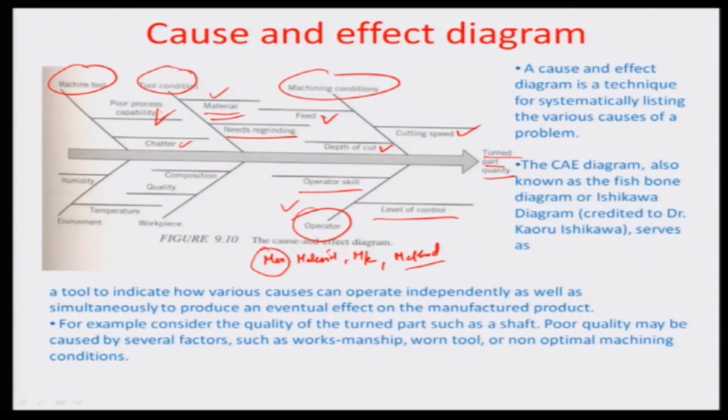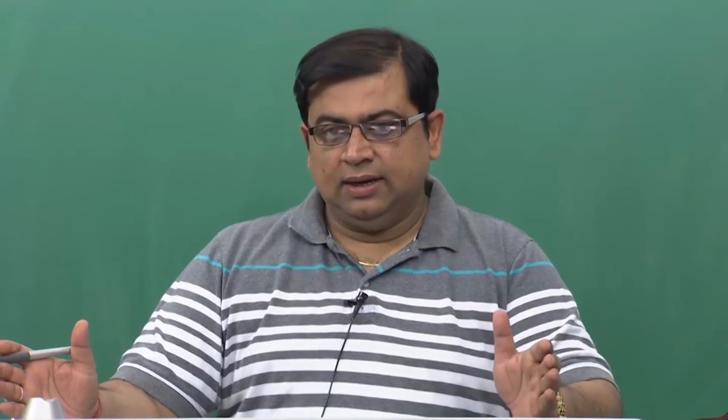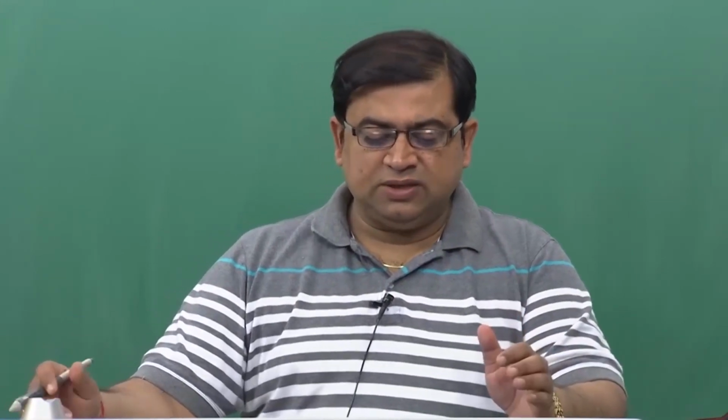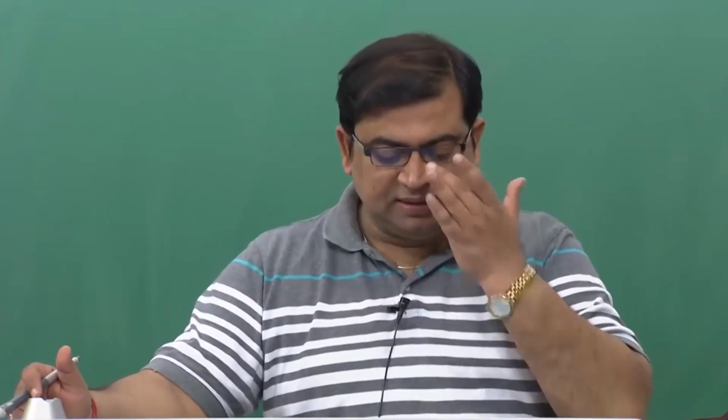Is it producing a mean of the outgoing quality which is deviated from the specification mean, or is the process an outlier completely from the specification which has been given, or is the machine really ready to support the specification? Can it have a sigma which is tight enough, a deviation which is tight enough so that it can lie within the specification? These are the issues which you address in the methods area.